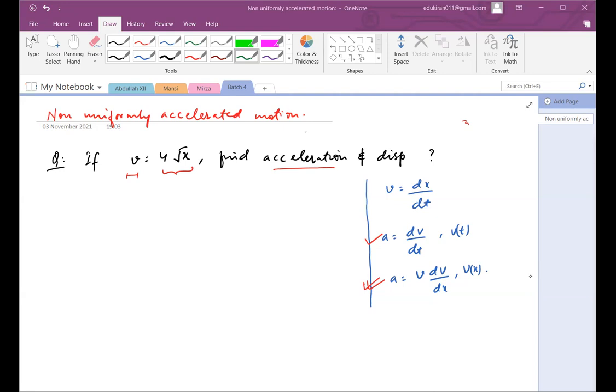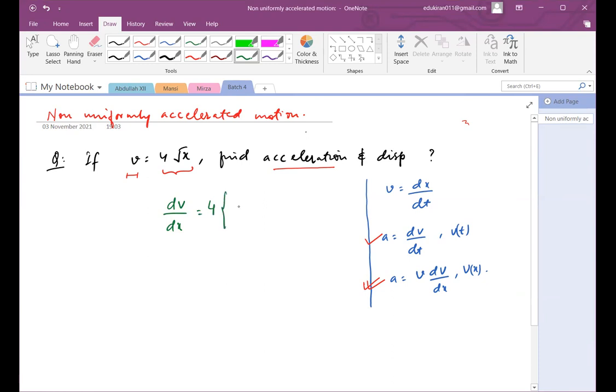Since in this part we have velocity as an x-dependent function, just differentiate this particular term with respect to x. Here 4 is a constant term, and root in terms of exponent can be written as power half.